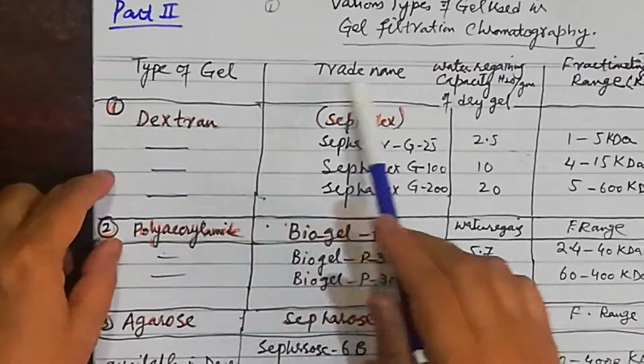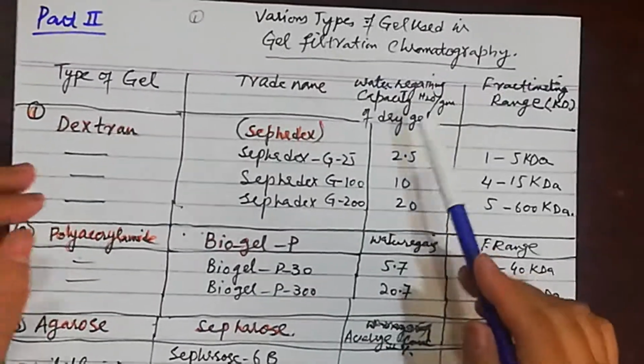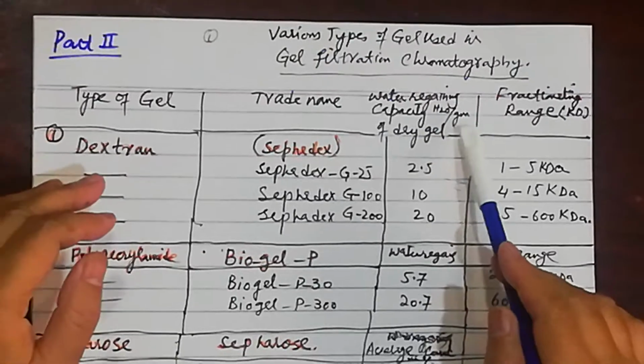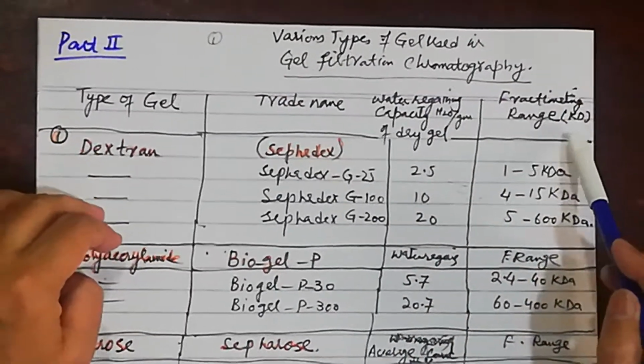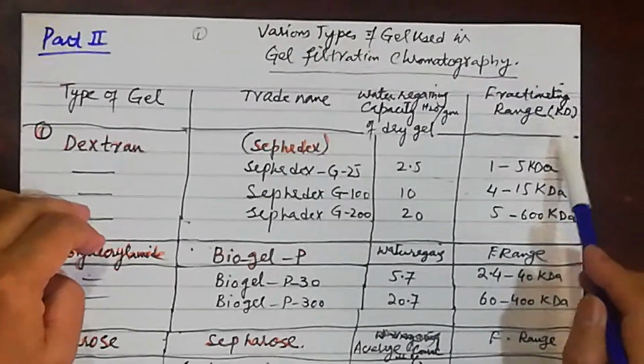The table gives the type of gel, trade name, water regaining capacity, that is, absorption of water per gram of dry gel, and the fractionating range in kilodaltons, kDa.